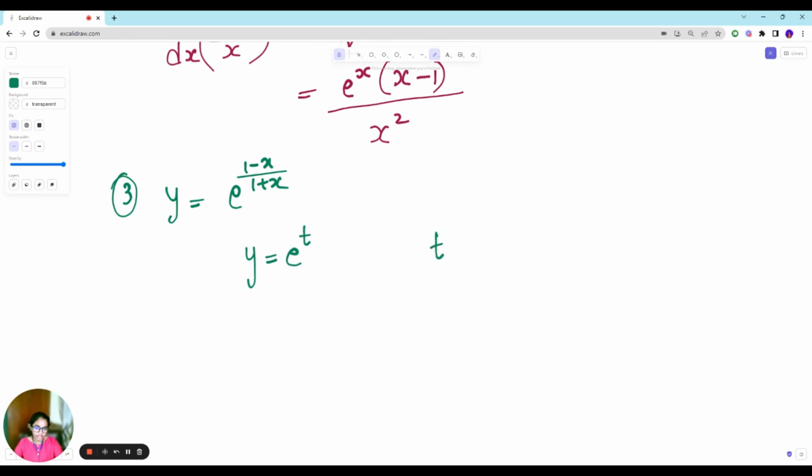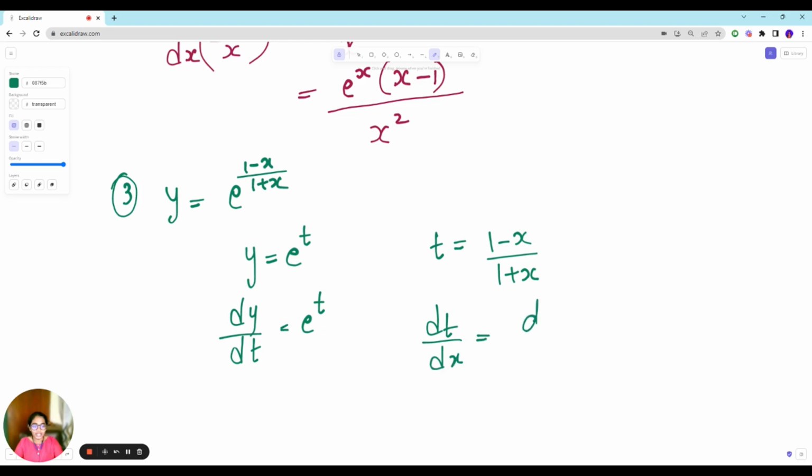Let me take t is equal to (1 minus x) divided by (1 plus x). Why should you take 1 minus x divided by 1 plus x, the power only, as t? Because I know what dy by dt is here. That would be e power t itself. That is why I used this substitution. Now, what is dt by dx?